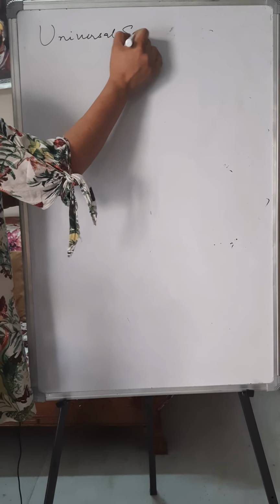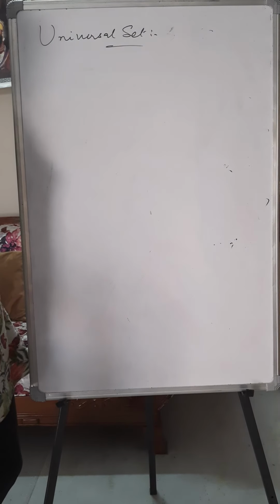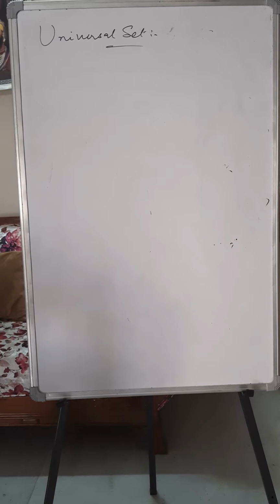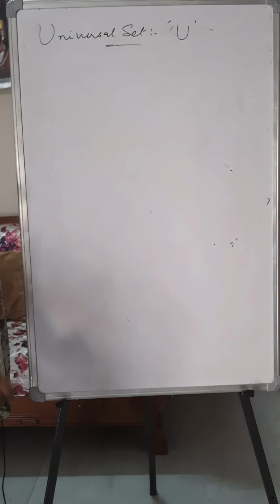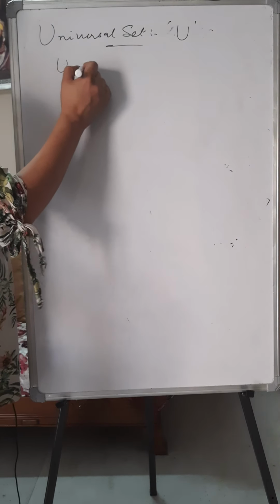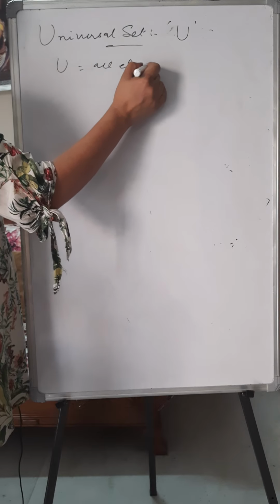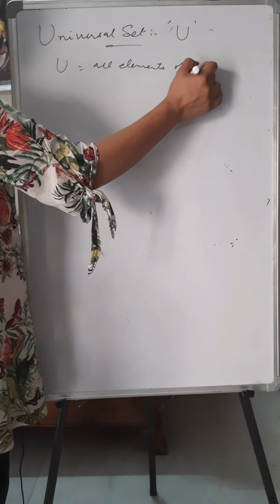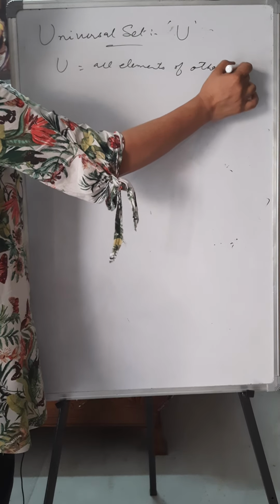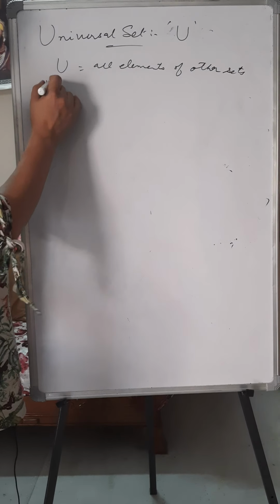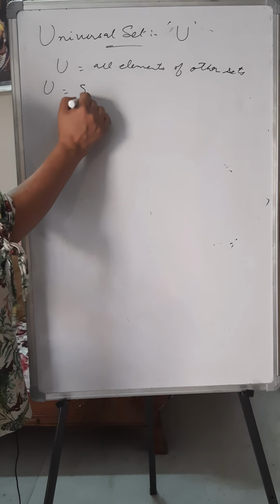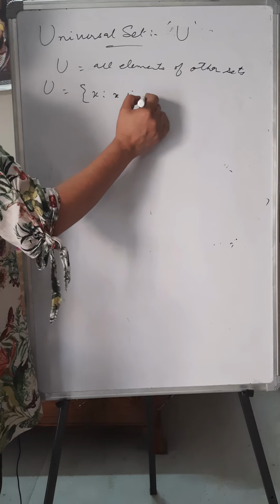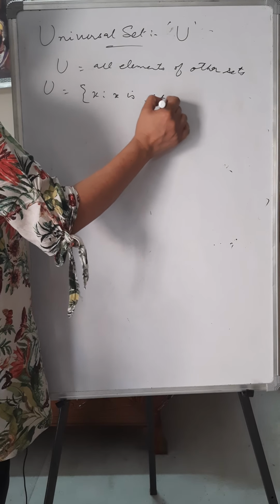Then there is the universal set. A set which contains all elements of other given sets is called the universal set. Its symbol is U. U contains all elements of other sets, like the set of integers, x such that x is an integer.